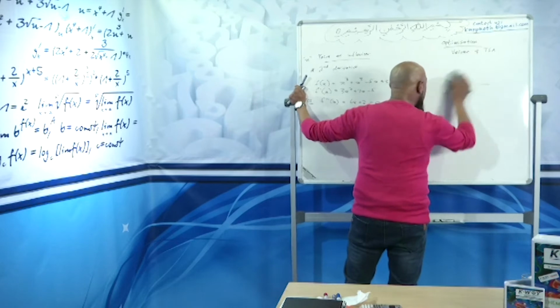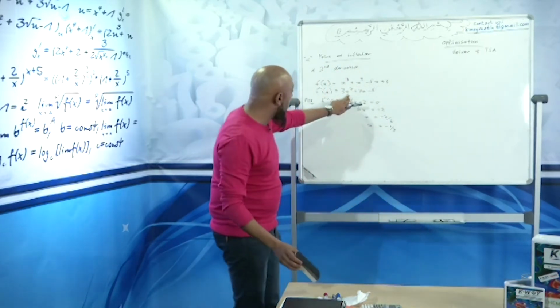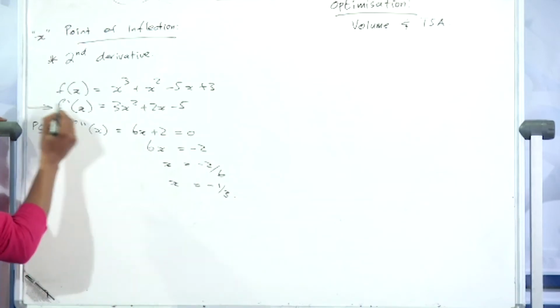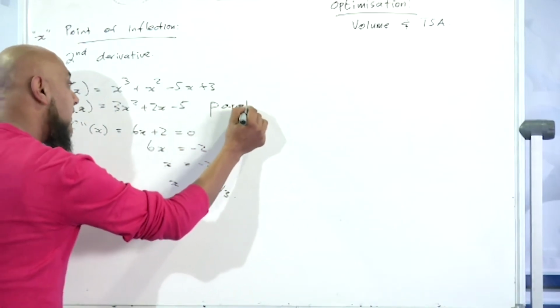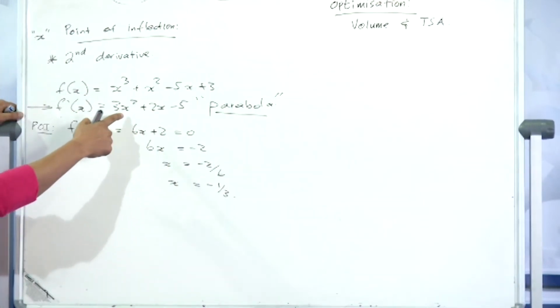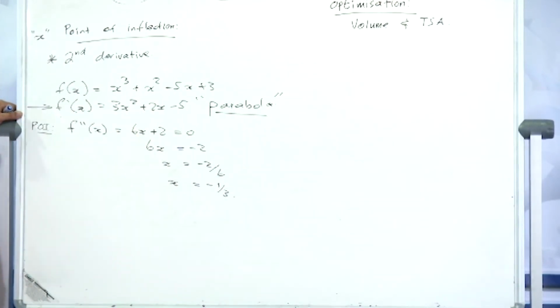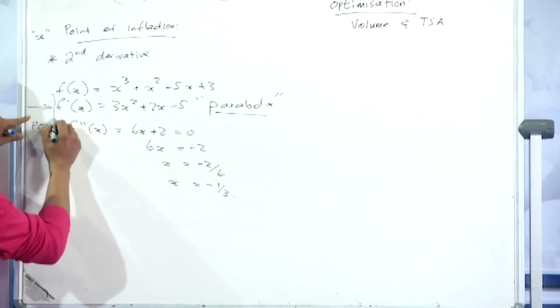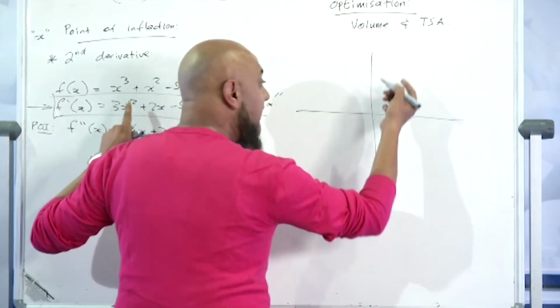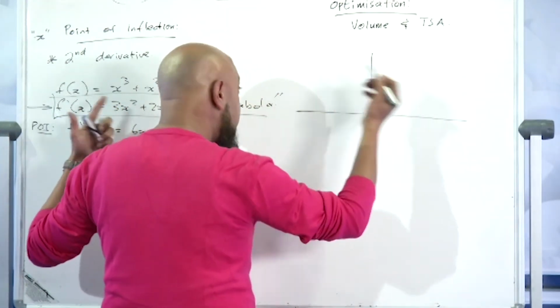We know that 3x squared plus 2x minus 5, the first derivative, is a parabola. If you had to sketch the derivative from your knowledge of functions, it would look something like this, a rough sketch.